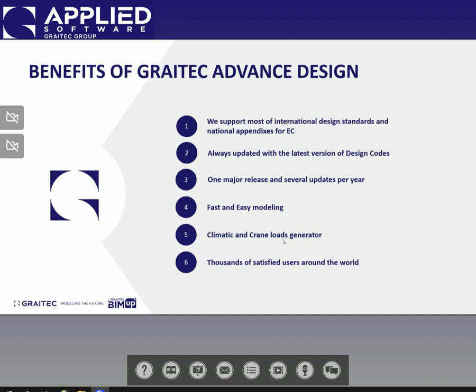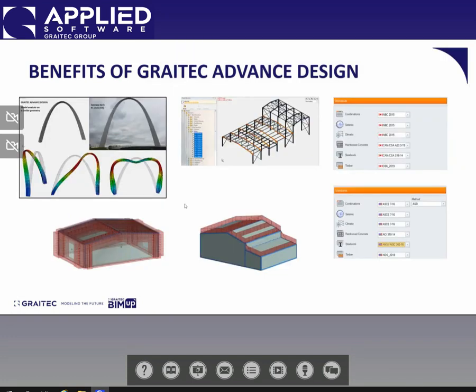Also, you can define your localization, and based on that localization, Advanced Design will automatically apply your climatic loads to that specific structure. We have thousands of satisfied users around the world already using Advanced Design. Here I have some screenshots of the points that we discussed in the previous slide.